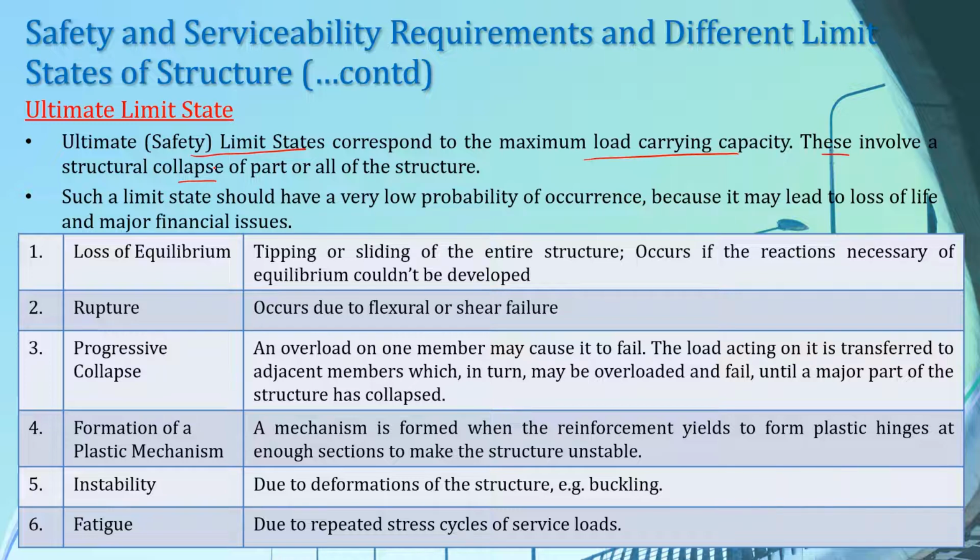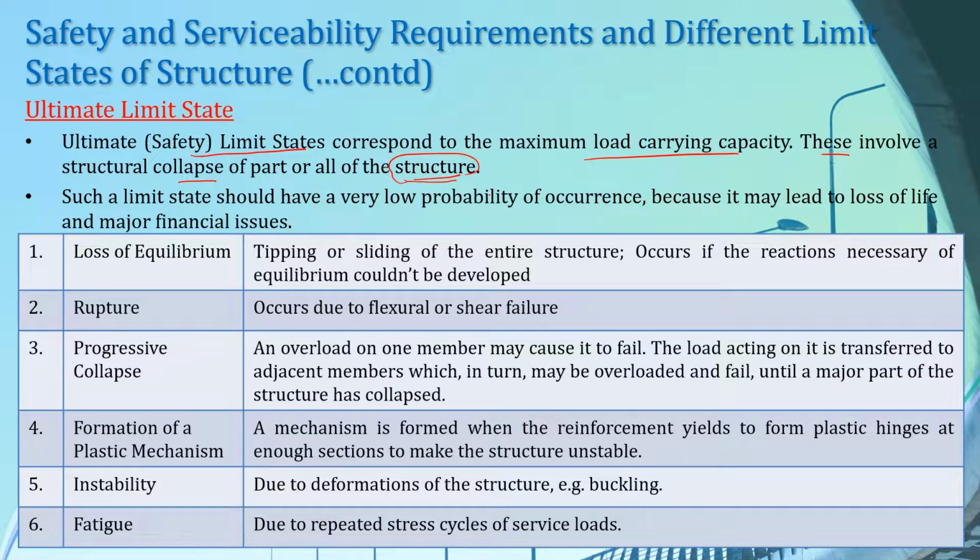When the load carrying capacity of our structure is exceeded, then our structure tends towards failure, towards structural collapse. That collapse may be of the whole structure or the whole building, or only a part of our structure. So when our structure tends to collapse, we say that the ultimate limit states or the safety limit states have been reached.